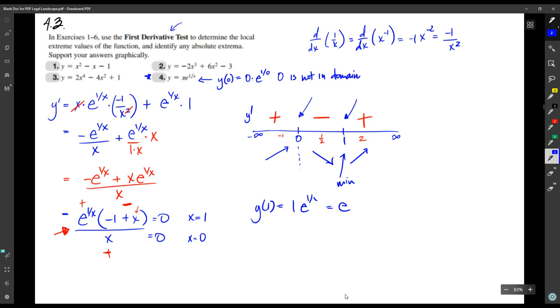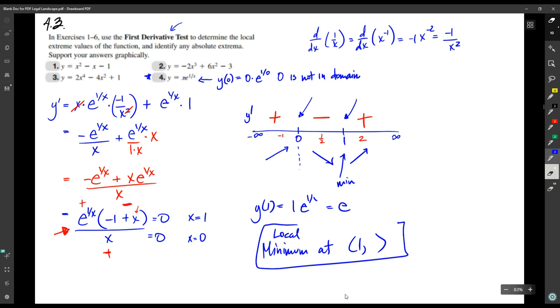So that's just e. So I'm going to say we have a minimum at 1, e. And at least it's a local minimum. We would look at the graph and decide whether that's an absolute minimum. But at least right now we know it's a local. And, whoa, I put a 1 in there. That's supposed to be an e. And there we go. That'll do it for question 4.